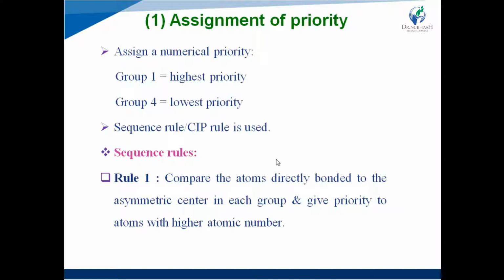We compare those four atoms directly attached to the chiral center and give them priority by their atomic number. The higher atomic number receives the higher priority, that is 1, and the lowest atomic number atom receives the lowest priority number, that is 4.